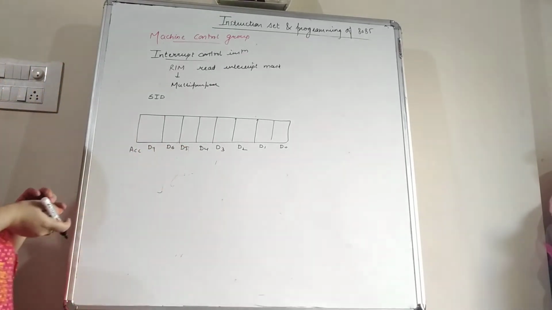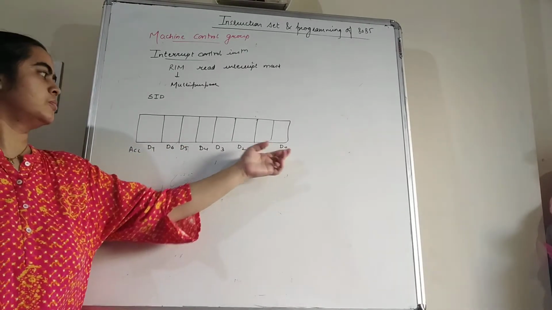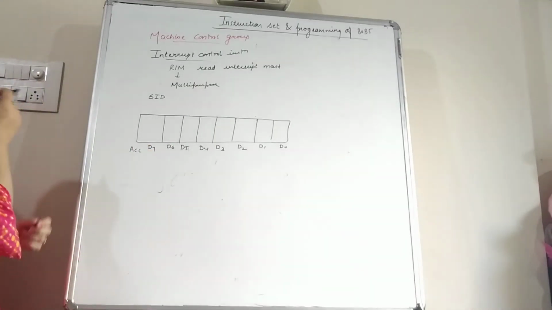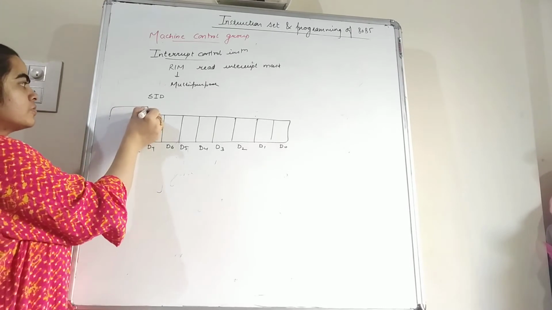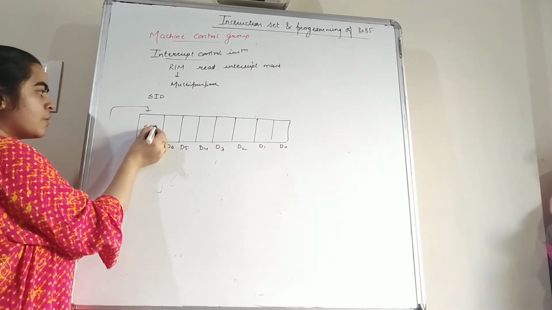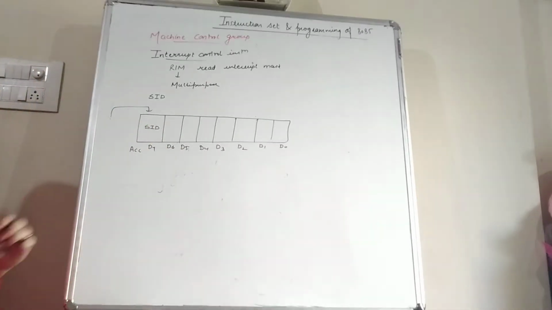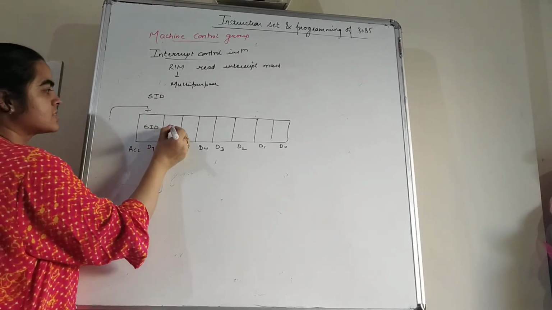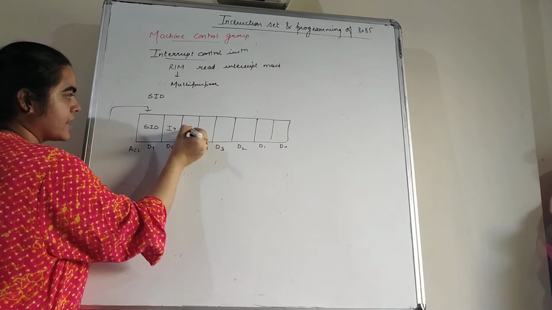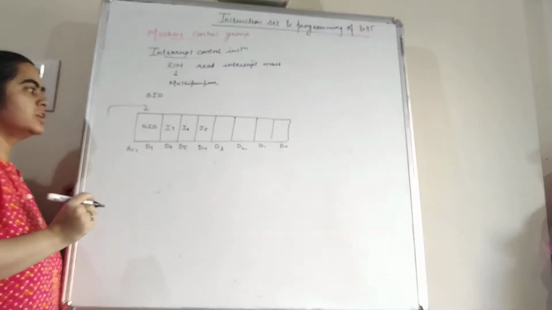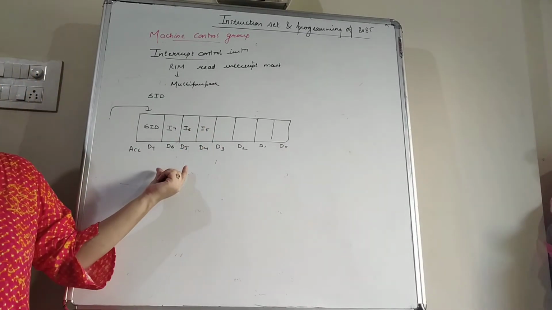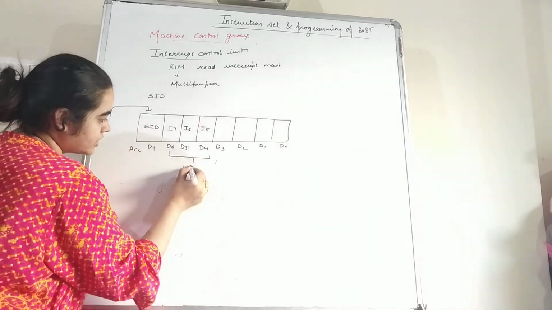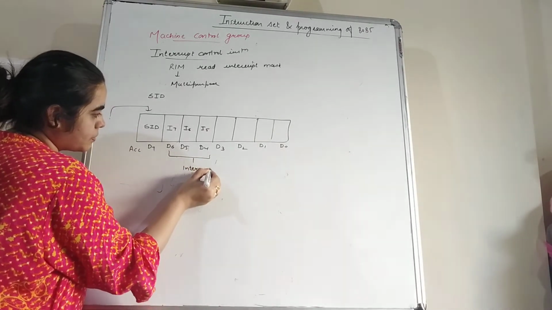It has 8 bits from D0 to D7, and you can assign other numbers also. The very first bit of this accumulator will tell about the serial input data. After serial input data, we have the next 3 bits, that is I7, I6 and I5. These 3 bits will tell the interrupt pending status.